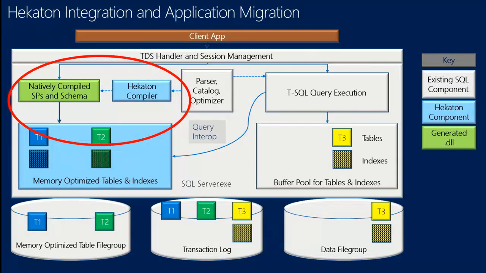So we have done that, and then all accesses to tables inside the native stored procedure are only for memory optimized tables. Okay? So what it means is, if I move a stored procedure to native, or machine optimized, and it is accessing tables T1 and T2, those two tables have to be memory optimized. You cannot have a stored procedure that has both memory optimized and disk-based tables.